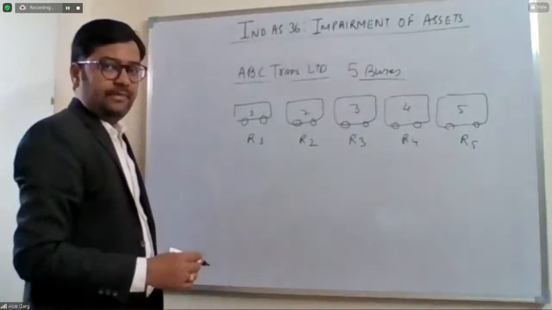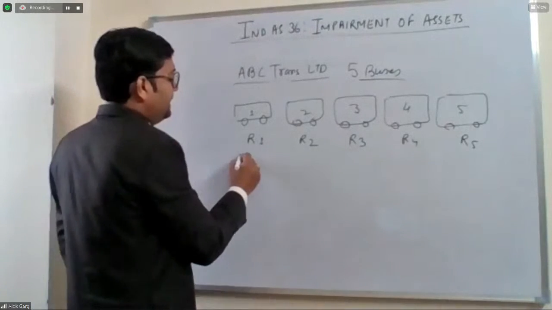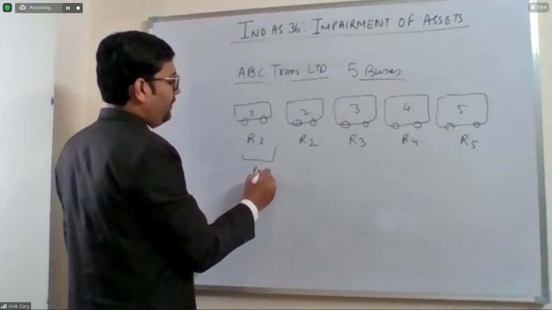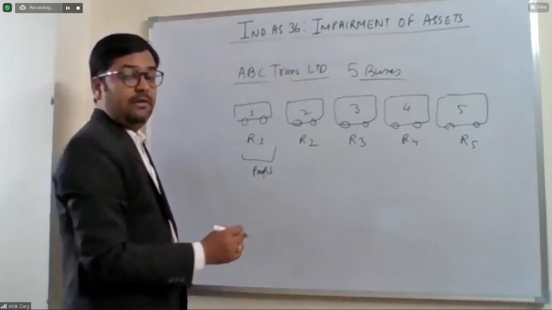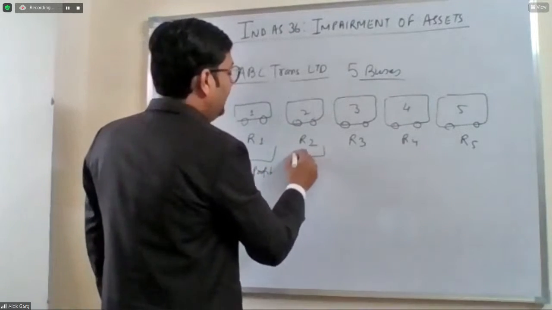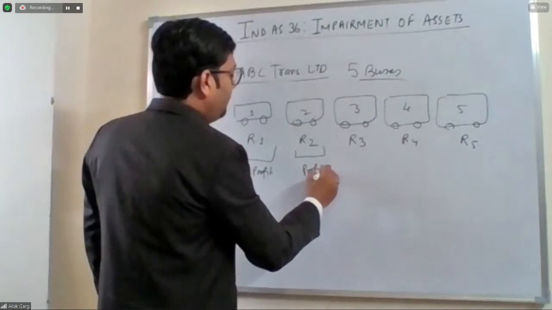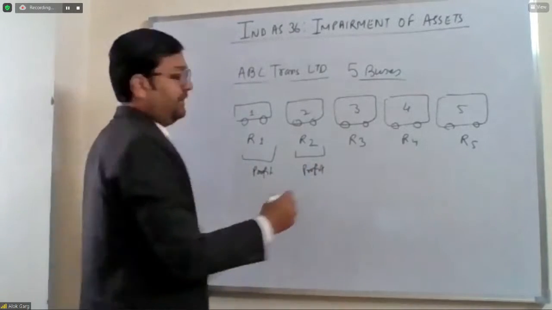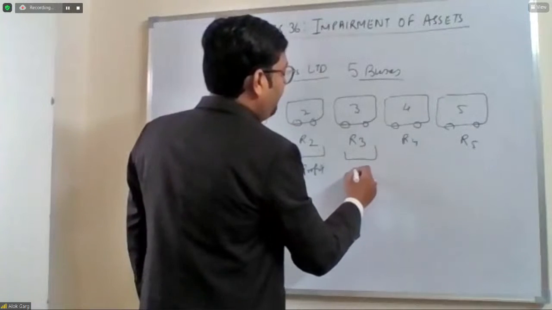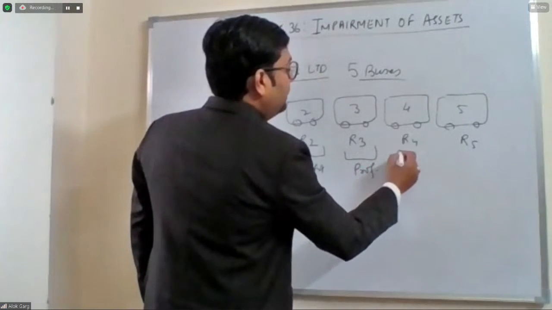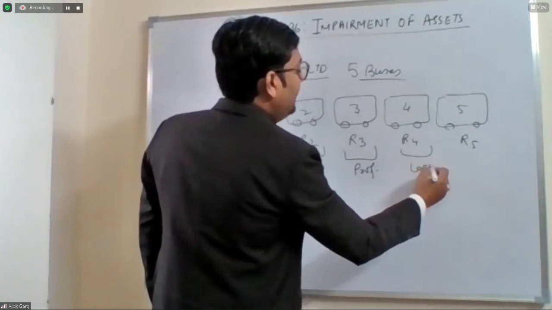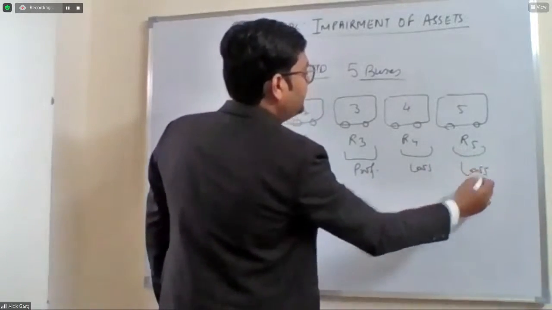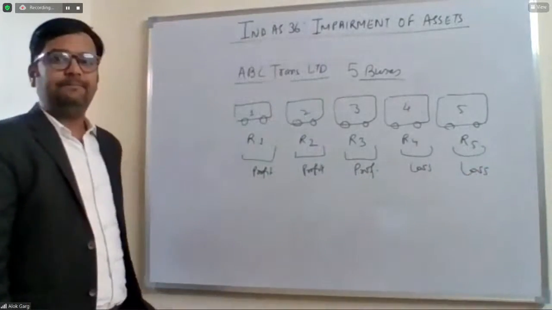So this R1 is into profit, this R2 is again in profit, this R3 is in profit, this R4 is into losses, and this R5 is also into losses.